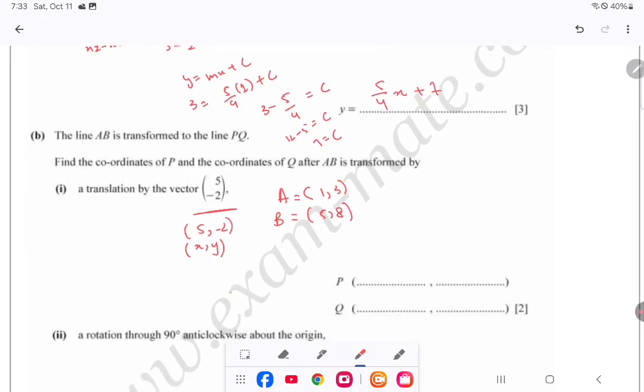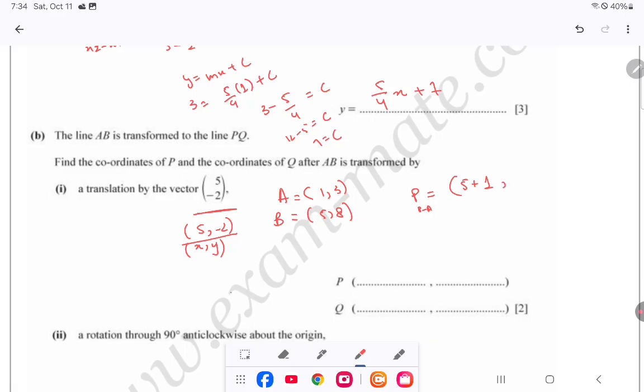First we add the given transformation to A, in PQ form. So our P is 5 plus 1 for A, which is 6, comma, negative 2 plus 3, which is 1.